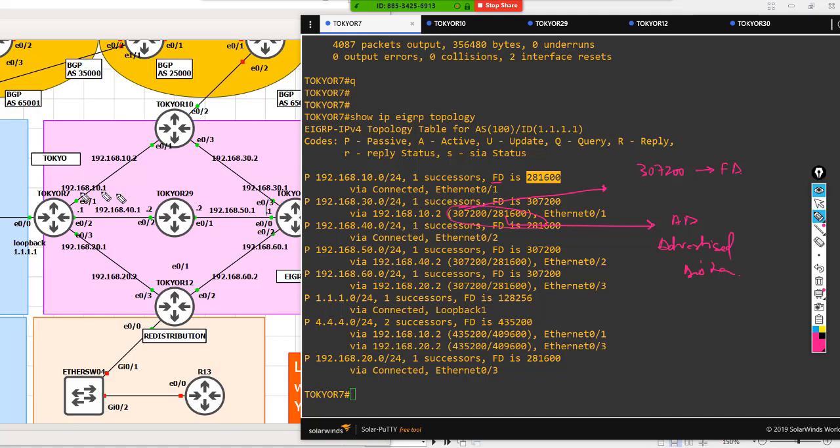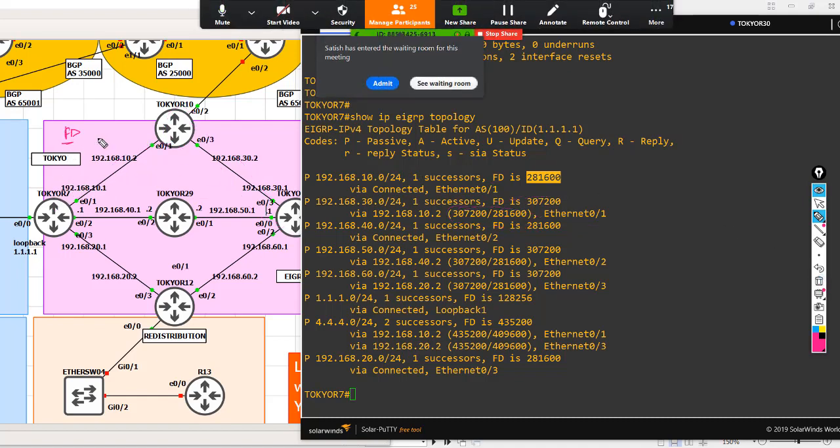Feasible distance is the distance from router 1 to your destination. Advertised distance is from your neighbor to your destination. That's why you will see it's lesser than your complete FD value. Let me just repeat.